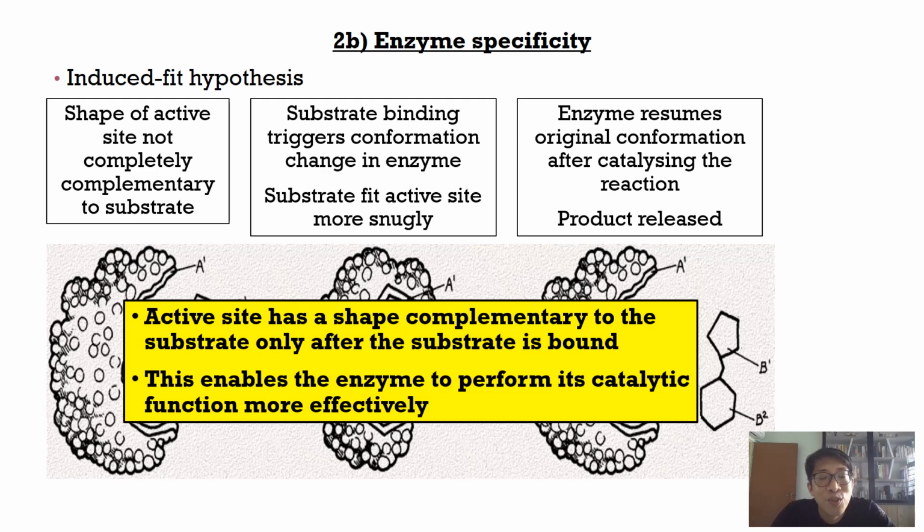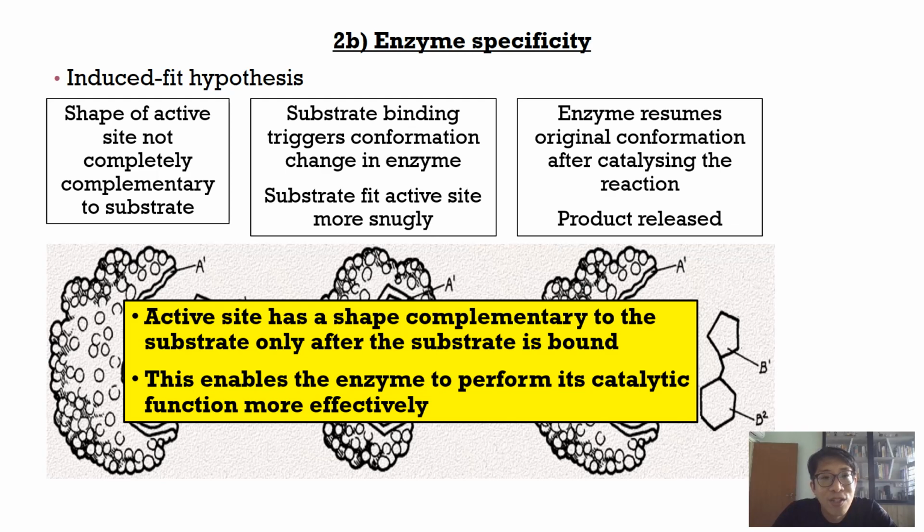It's not like any substrate or any molecule can bind to the active site, and even if a wrong substrate is able to bind to the active site, there would not be that conformation change to form a more tight fit with a wrong substrate. So there is still the specificity of the enzyme to its substrate proposed in this hypothesis.